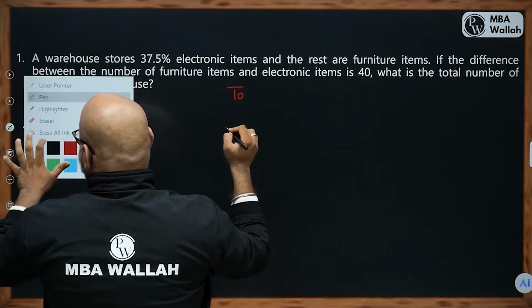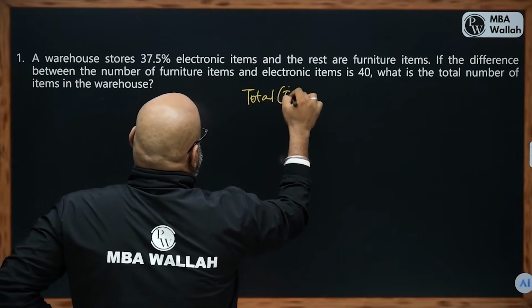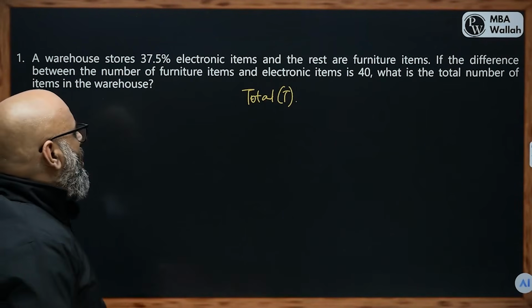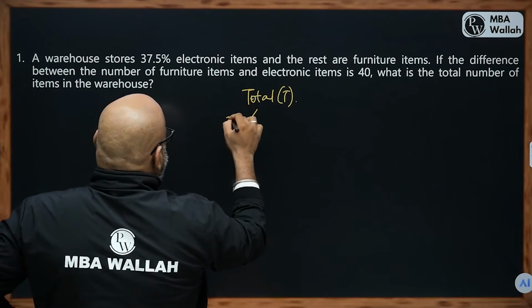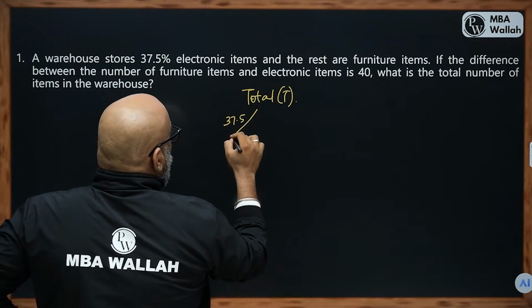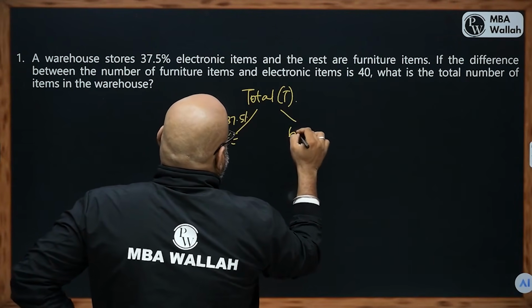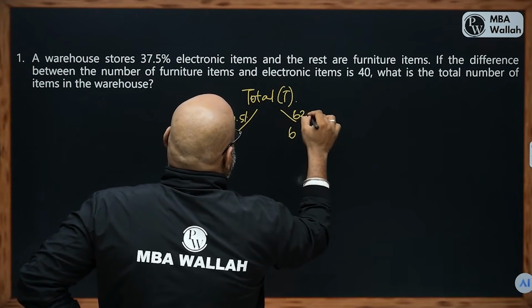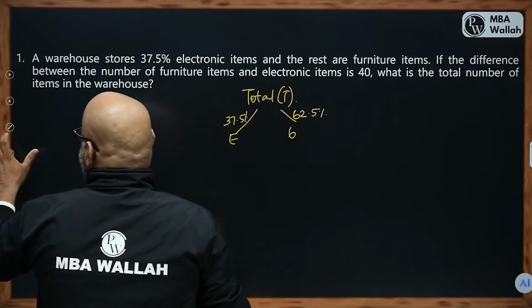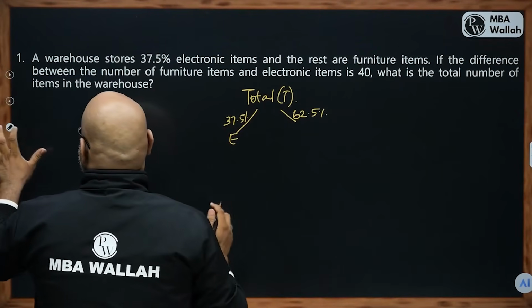Let's call it T, total value, out of which 37.5% are electronics, whereas the remaining 62.5% are furniture items. That's given by the data.